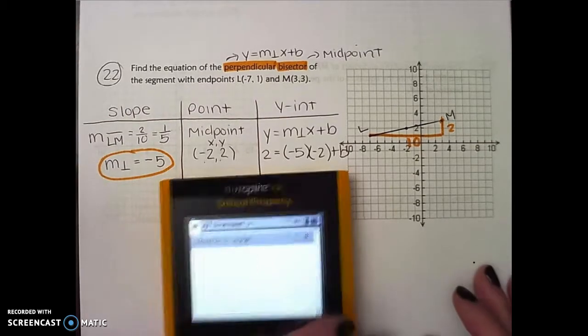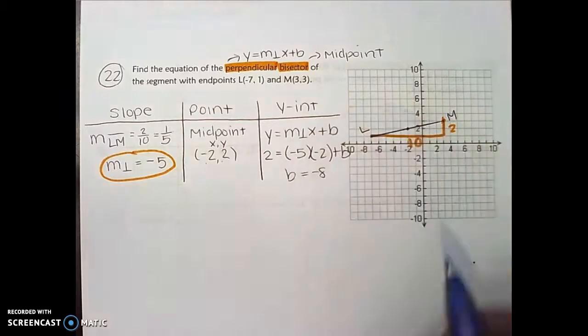And I get that my y-intercept is -8. So b is equal to -8.